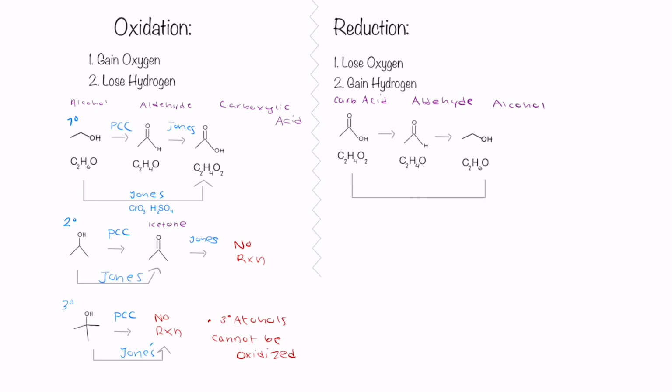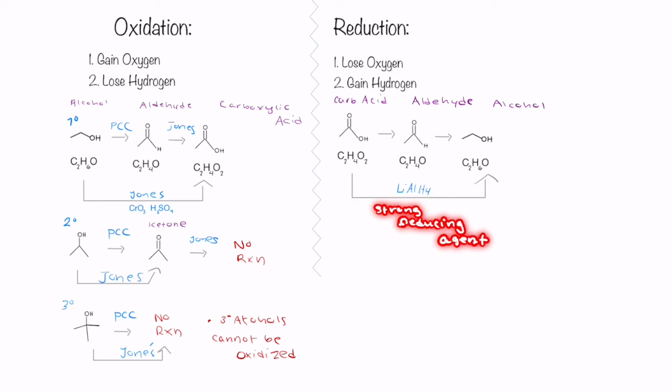One of the most famous reagents that you're going to have to be familiar with is LiAlH4, lithium aluminum hydride. Yikes, that's a mouthful. But what I want you to know about LiAlH4 is a very strong reducing agent.